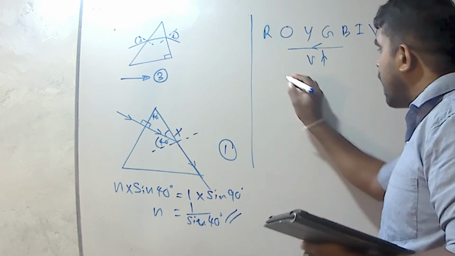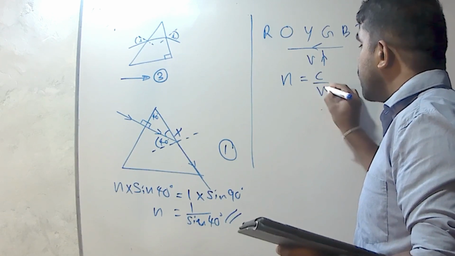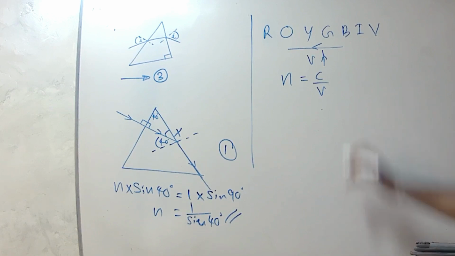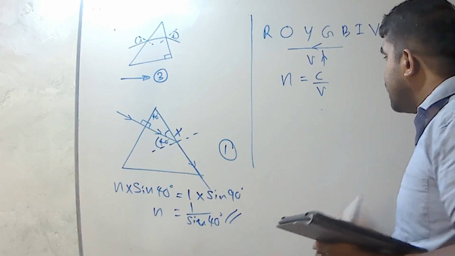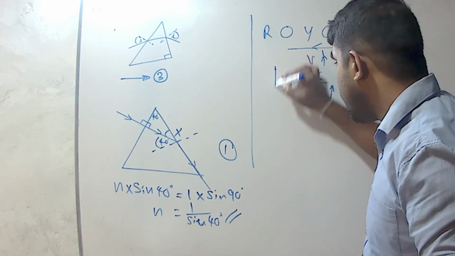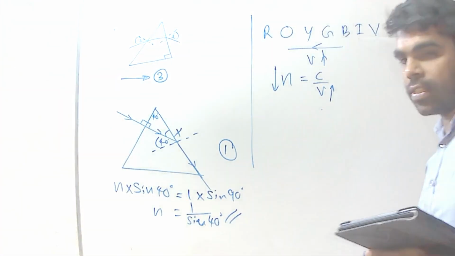Therefore, we know that refractive index is c over v. c means velocity of light in vacuum divided by v means velocity of light in the corresponding medium. Then we can get when velocity is increasing, n value, refractive index, decreases.